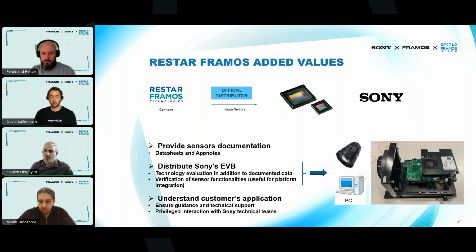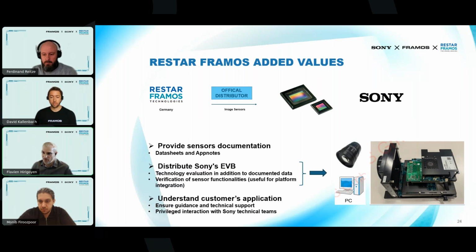So these evaluation kits are in some points different from what Framos is proposing in terms of module, since the compactness of the module is really closer to, let's say, a final product, and allows as well better performances in terms of image stream.